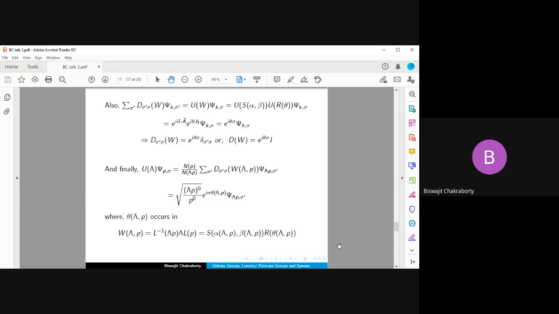Then psi lambda p comma sigma, because the action of U lambda will change the momentum from p to lambda p. Where theta lambda p occurs in W lambda p as these things. So again, I have written the factorized version, where alpha, beta, theta all carry these indices lambda comma p.